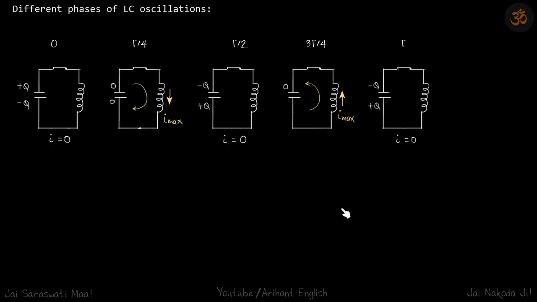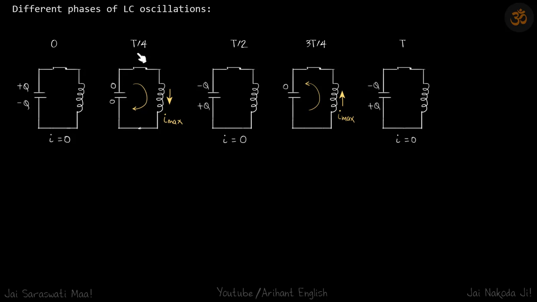Now let us just see what happens from those equations. You can visualize how these oscillations are happening. Let's break the whole thing into time periods of T by 4: t is equal to 0, then T by 4, then T by 2, 3T by 4 and T. At t is equal to 0, this has plus Q charge and this has minus Q charge, a fully charged capacitor, and the current is 0.